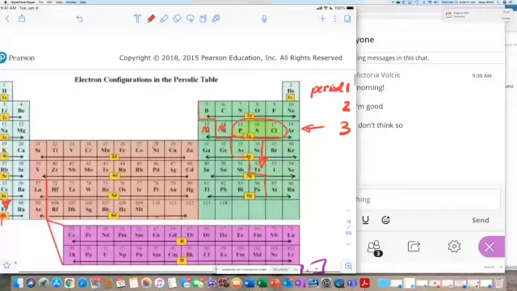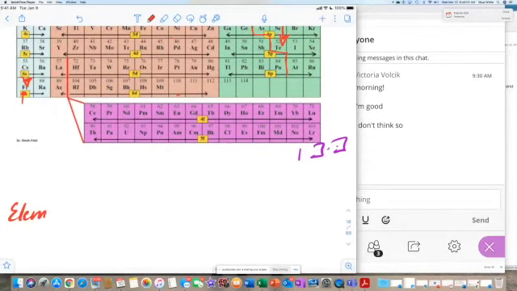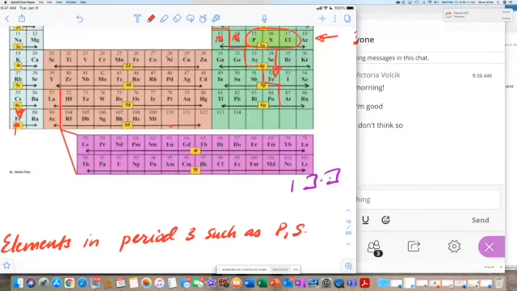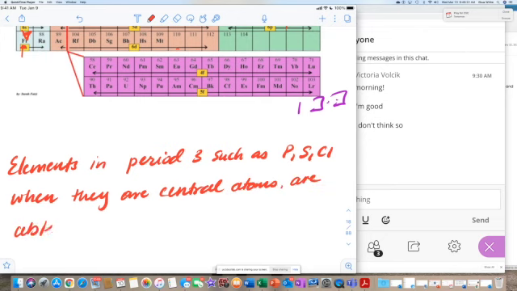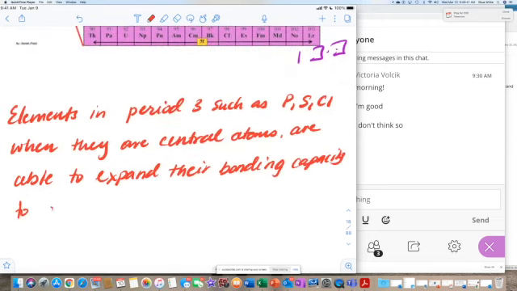Right. So let me try to paraphrase that as we talk about this. Elements in period 3, such as phosphorus, sulfur, chlorine, when they are central atoms, are able to expand their bonding capacity to accommodate extra atoms.